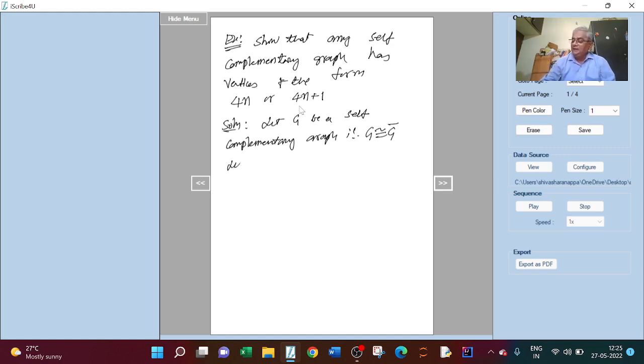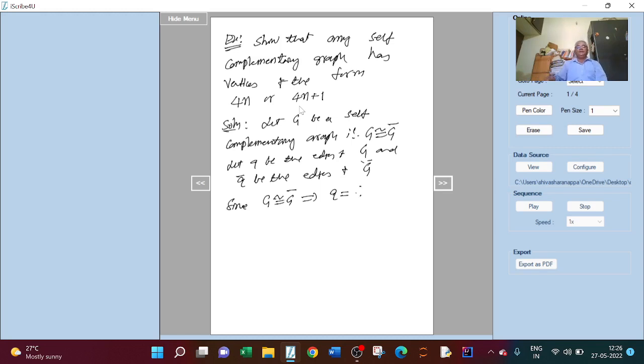And here let Q be the edges of G and Q bar be the edges of G bar. Now, since G is isomorphic to G bar, the number of edges in G must be equal to the number of edges in G bar. That is, Q is equal to Q bar.